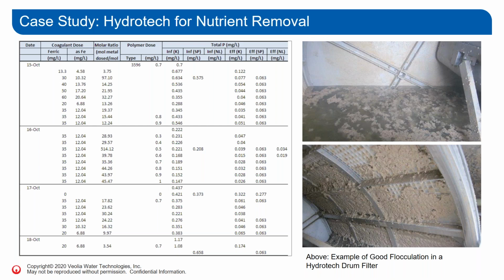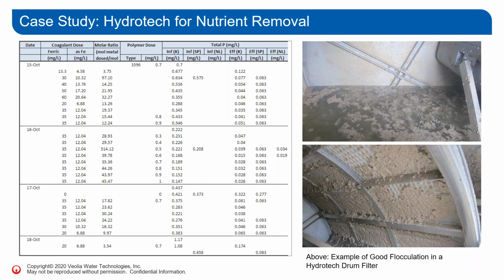You see on the right side with the total phosphorus, you see 3 columns for the influent phosphorus. Those are 3 different labs, so don't get confused with K, SP, and NL. They're just different laboratories trying to measure the same thing, which is basically influent phosphorus into the disk filter. And then effluent is also 3 lab effluent results for the disk filter, where we were able to get close to 0.05, which I think was the permit here.